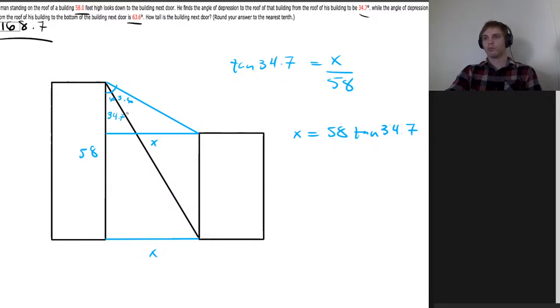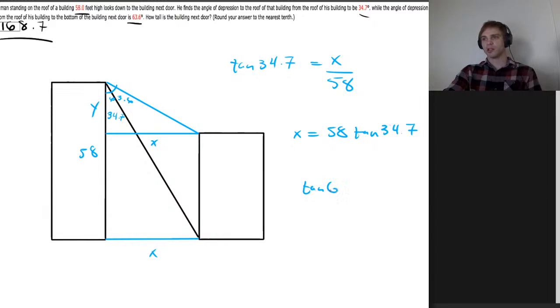And then we'll keep that because we need the next thing. So now we need to figure out how tall the building next door is. Oh, actually, just completely throw this number out. So now we need to figure out this length here. Let's call that y.